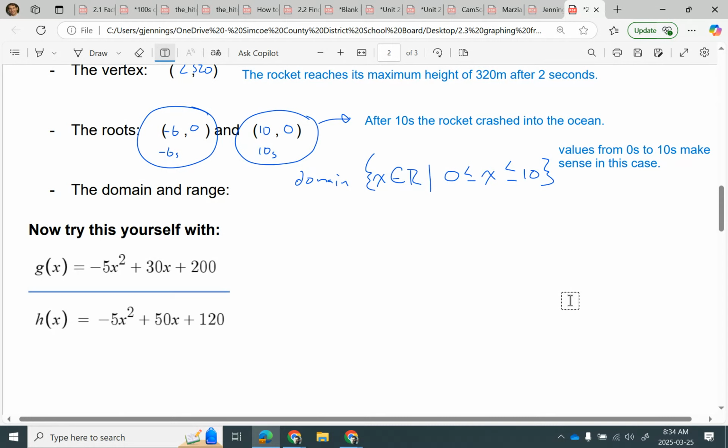What are the values for the range that make sense here? Well, we would have y is of the reals. And what's the minimum and maximum values for y in this case?